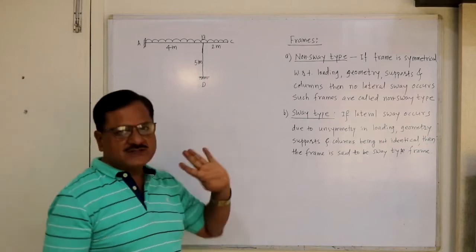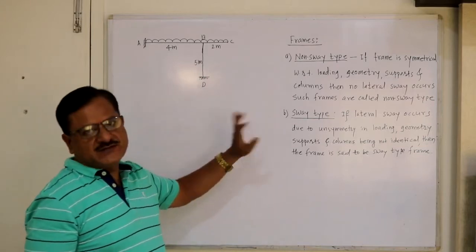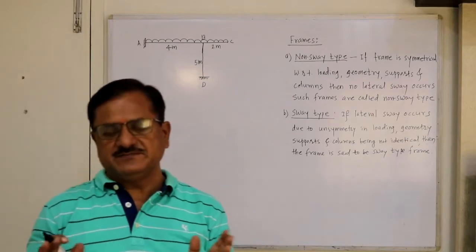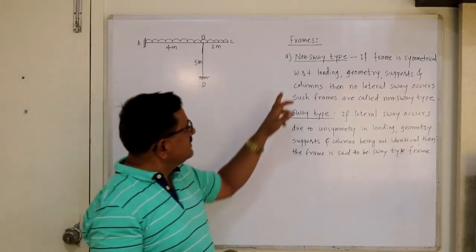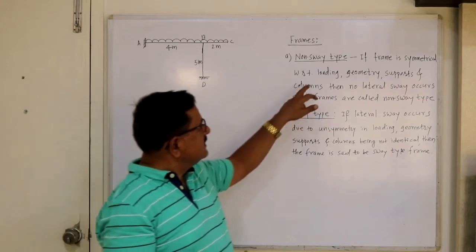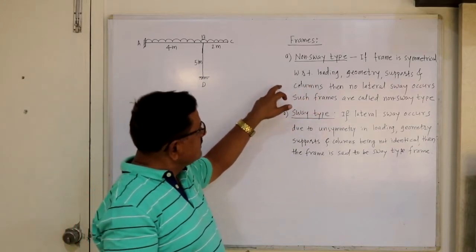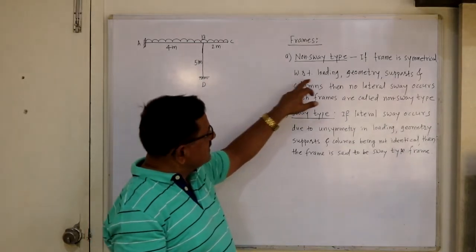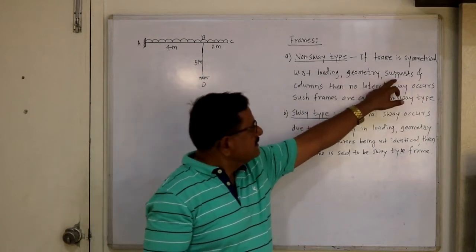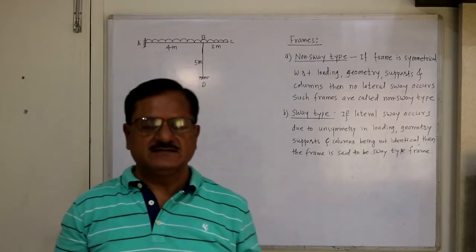Now there are two types of frames, non-sway and sway type. That is, we are considering only the lateral sway of the frame, not the vertical. When will the lateral sway of the frame occur? When the frame is not symmetrical with respect to loading, geometry, support conditions, and the columns are not identical.